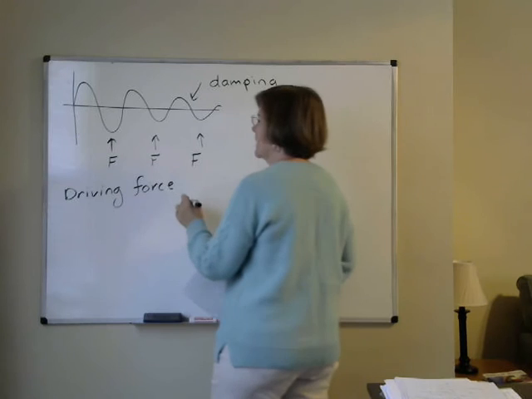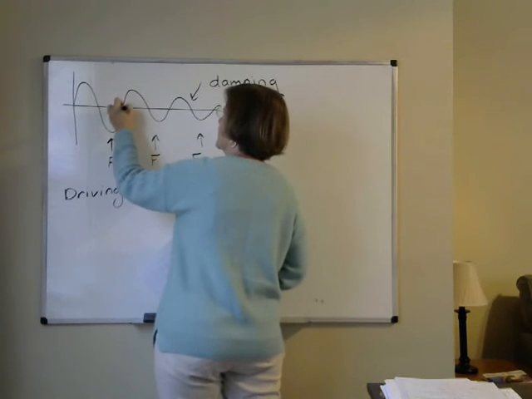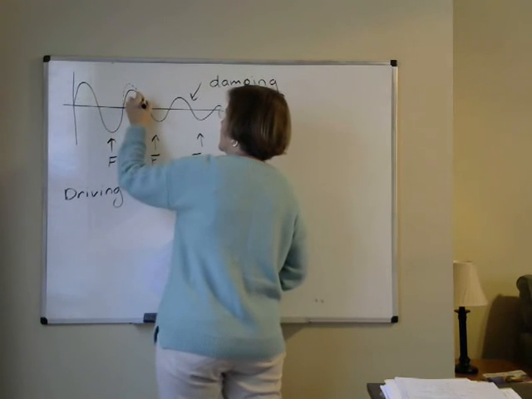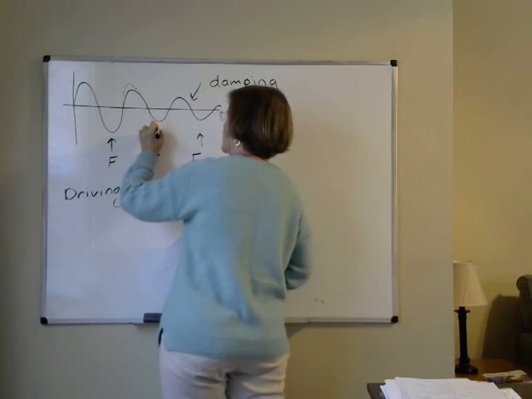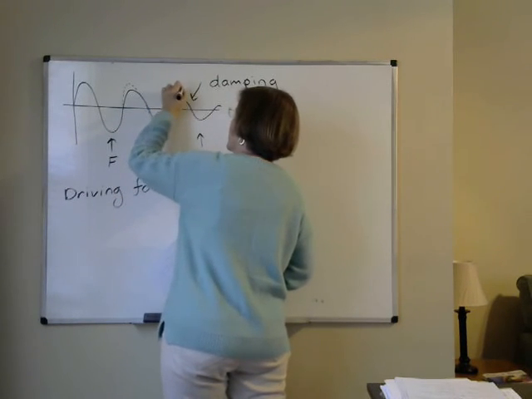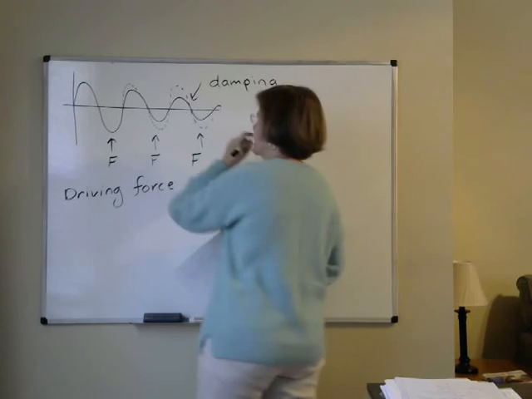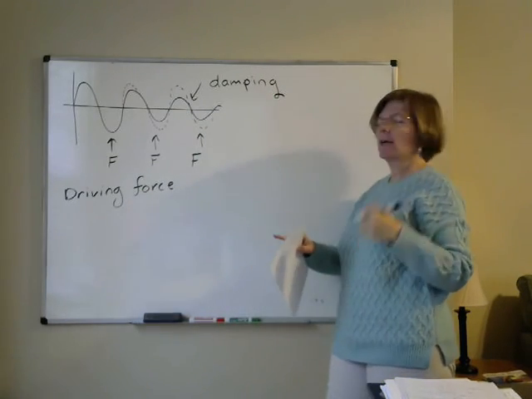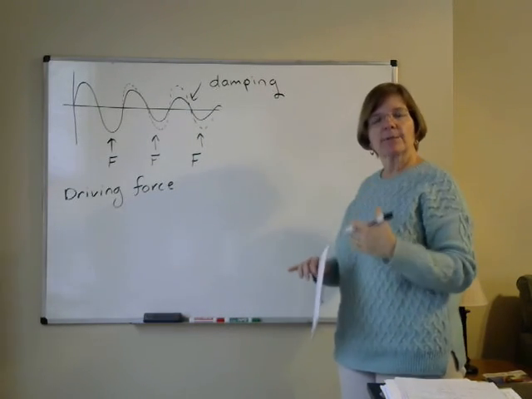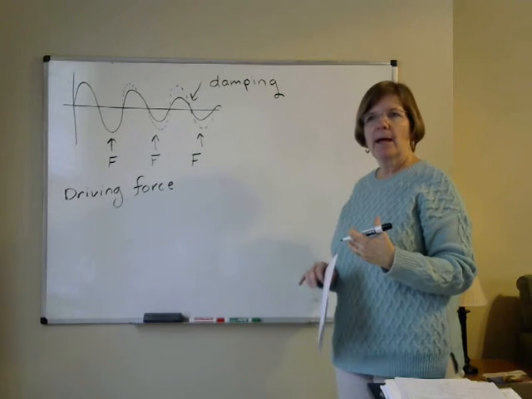And by giving that a little extra force, you can get it to go back up to where it was. And you won't be losing that amplitude. That driving force will help you keep that amplitude. Okay.